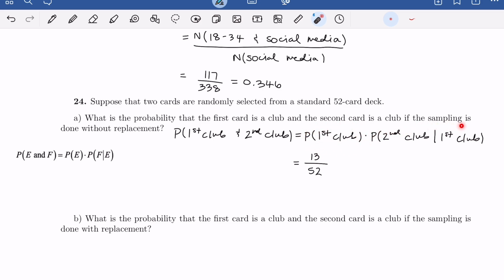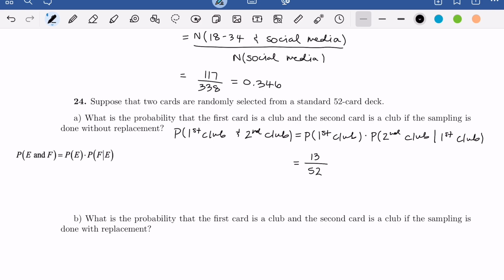Now we need to multiply this by this probability here, the probability that the second card is a club given the first was a club. Now we have to be careful of the wording here because remember we're doing the sampling without replacement. So when we pull this club out, we're not putting it back into the deck. So that means out of the 52 card deck, there's going to be 51 remaining. And if the first card is a club, then that means there's only going to be 12 clubs remaining in the deck.